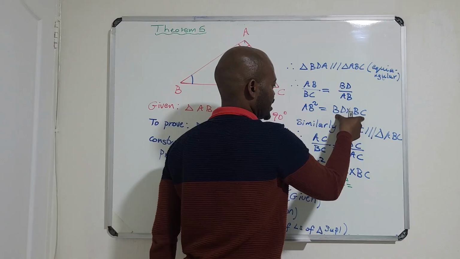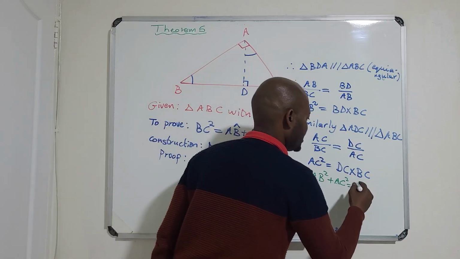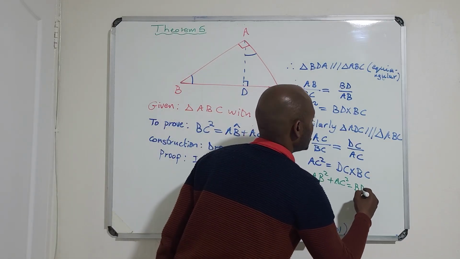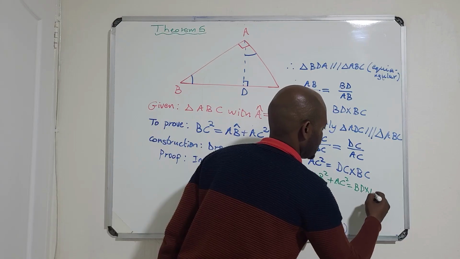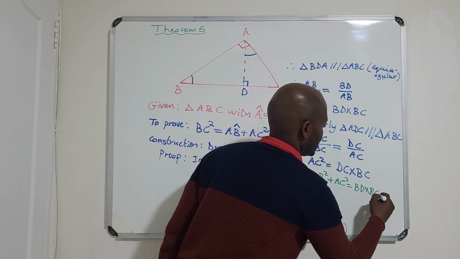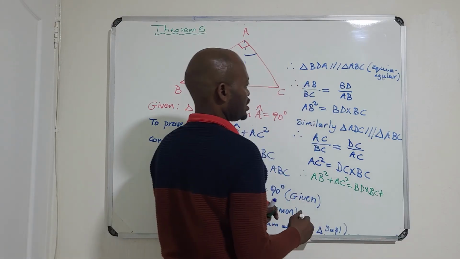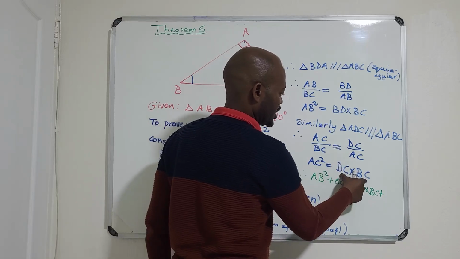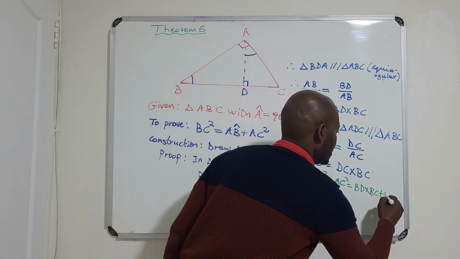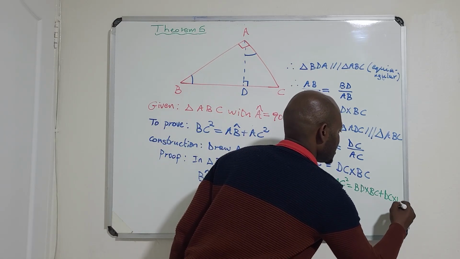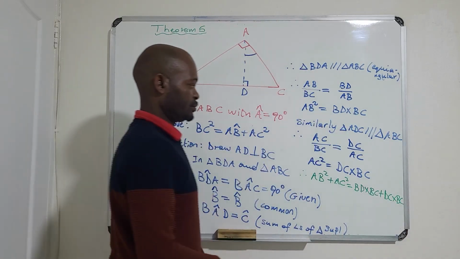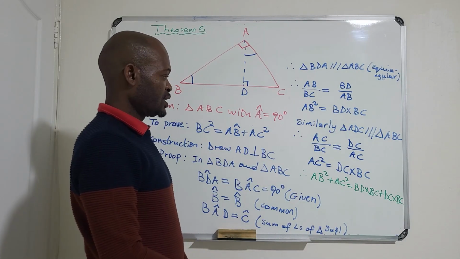Then I add that side, so I'm going to add BD times BC plus, obviously I'm adding with this as well, DC times BC. Can you see that?